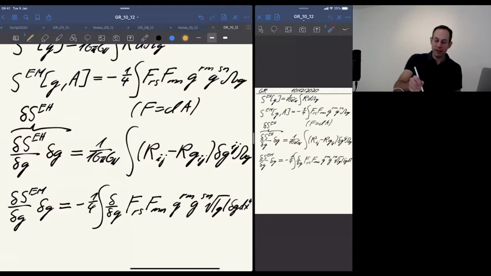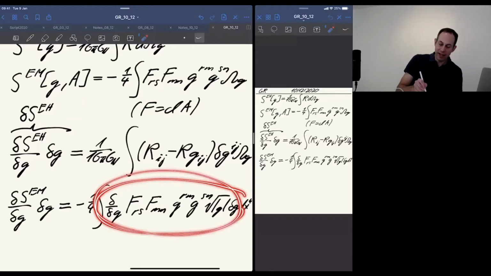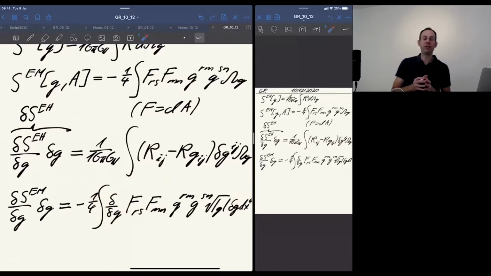Now, this is still a kind of abstract way of writing it, because I just said, let's take the derivative with respect to g, but g is a tensor itself. Now, this is well defined, because the derivative with respect to a tensor gives just the corresponding dual tensor. It's like if you take a scalar and you derive it with respect to a vector, you get a covector.